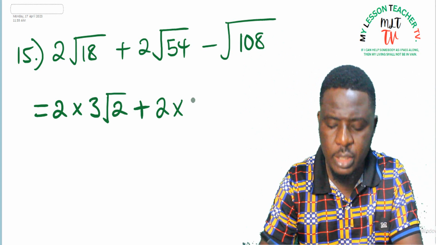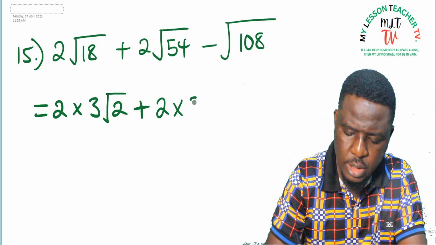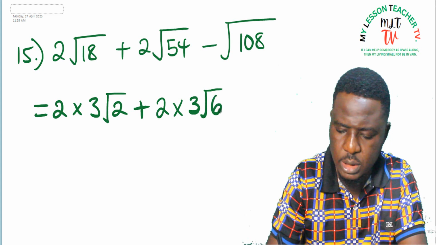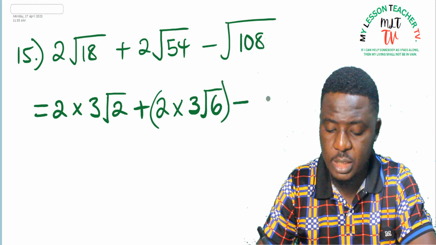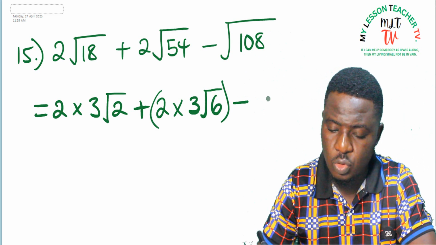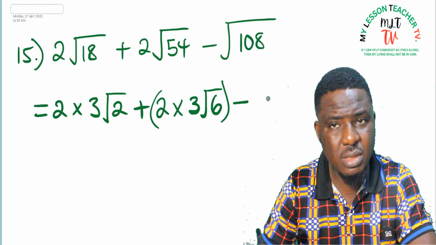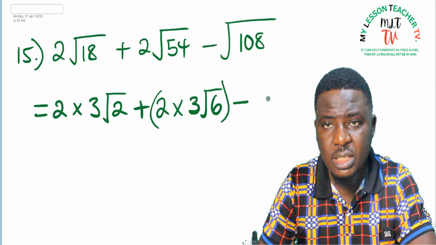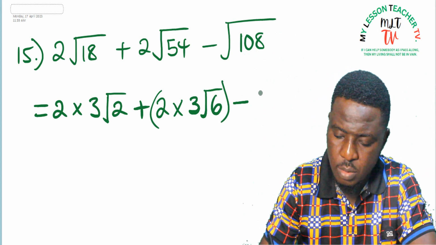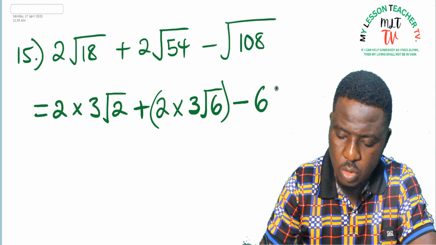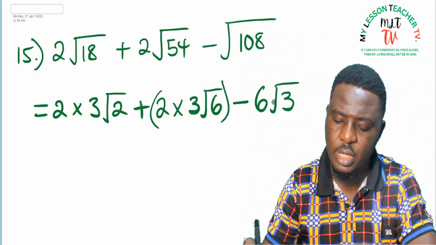That gives us 3 root 6. So we have 2 times 3 root 6. Minus root 108 can be expressed as root 36 times 3, and root 36 can be said to be 6. So this becomes minus 6 root 3.